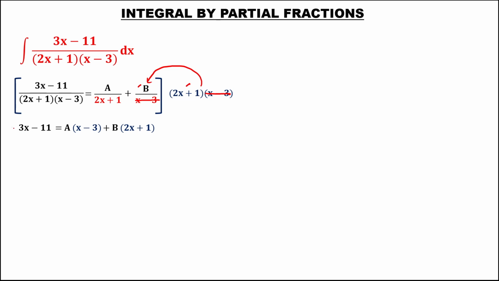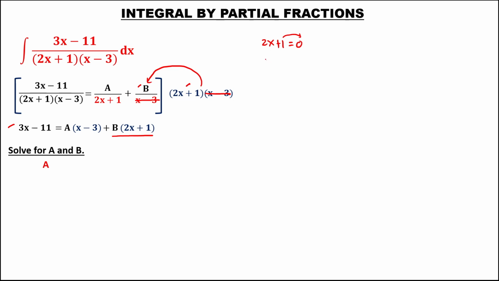Then from this, we need to solve now for the values of A and B. To solve for A, we need to make this B term equal to 0. So to make it 0, just equate 2x plus 1 to 0.